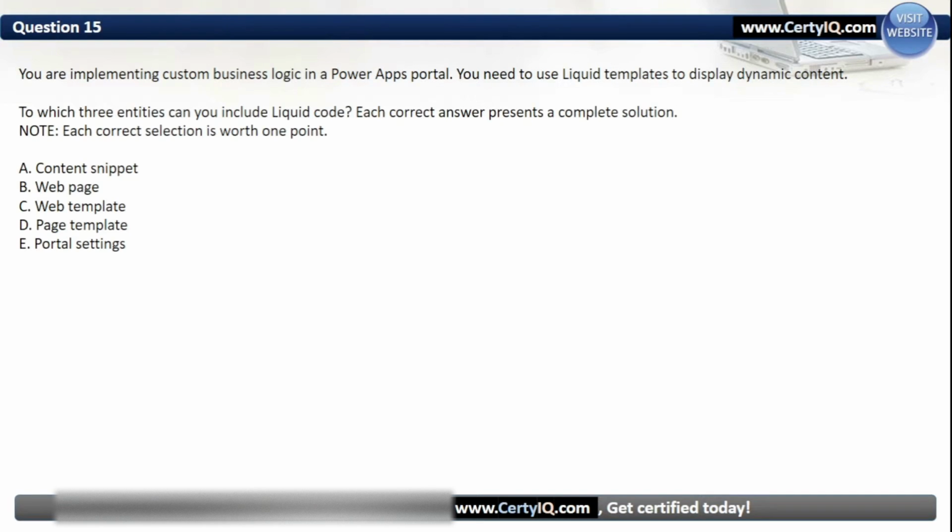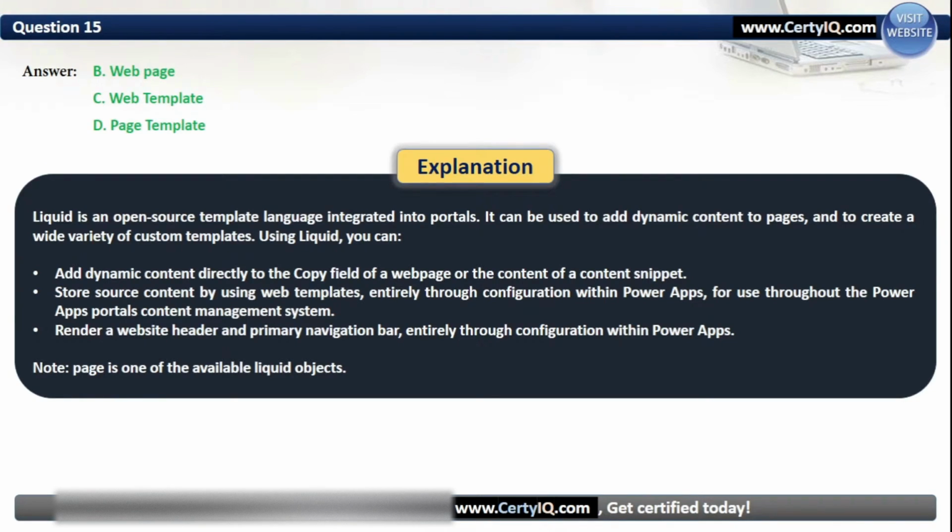The correct options are B, C, and D, that is web page, web template, and page template. Liquid is an open source template language integrated into portals. It can be used to add dynamic content to pages and to create a wide variety of custom templates. Using Liquid, you can add dynamic content directly to the copy field of a web page or the content of a content snippet.